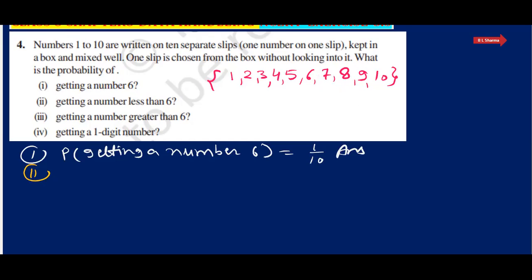Second, getting a number less than 6. Less than 6 numbers are, you will see here, these are the numbers 1 2 3 4 5. These are the numbers less than 6. तो काउंट करें कितने हैं ये? 1 2 3 4 5 out of 10.